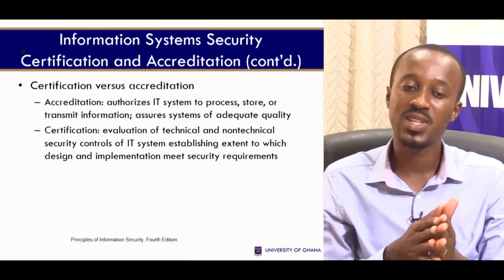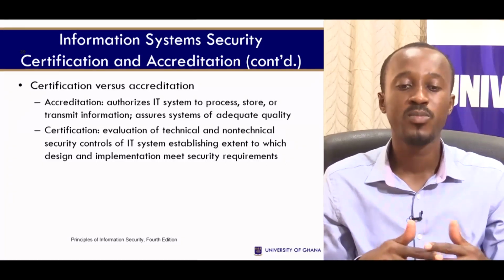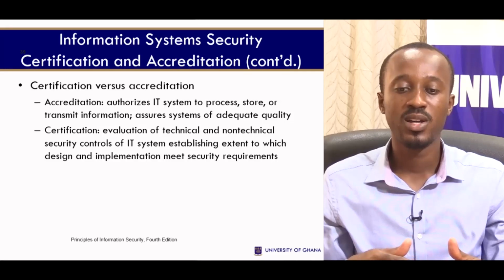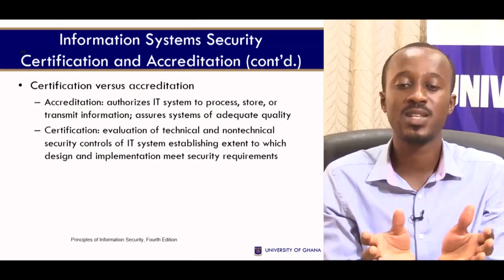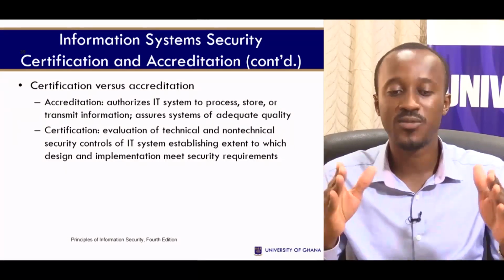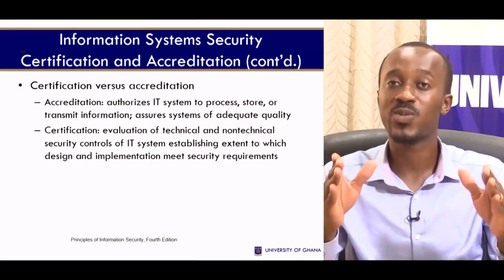Now we'll look at certification versus accreditation. When we talk about accreditation, we authorize IT systems to process, to store, or to transmit information, and this assures systems of adequate quality.